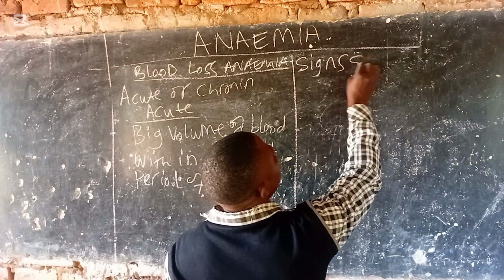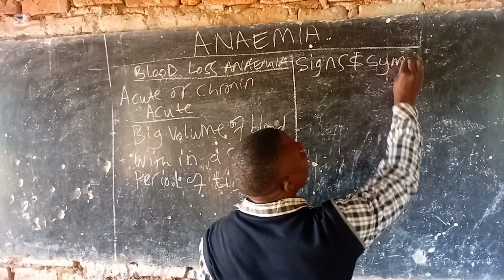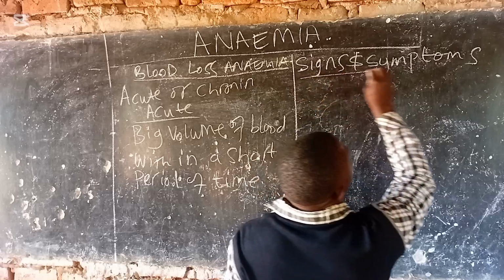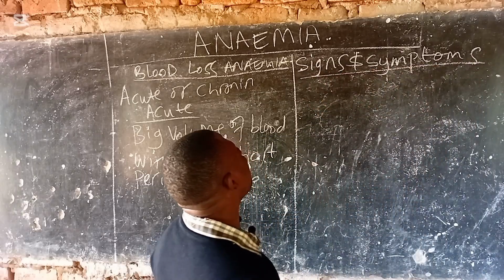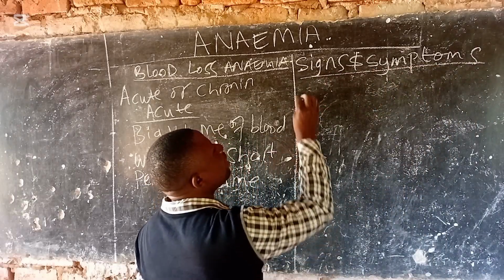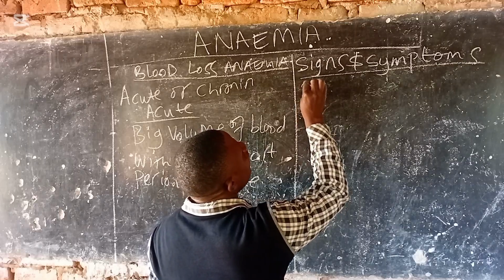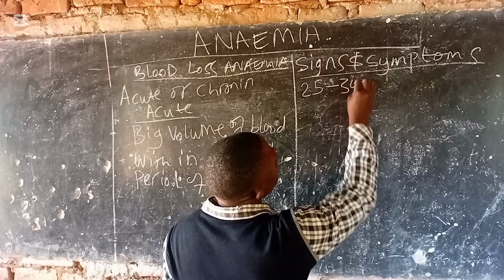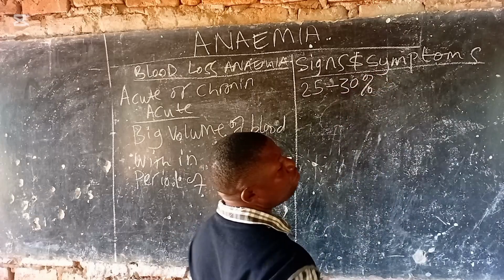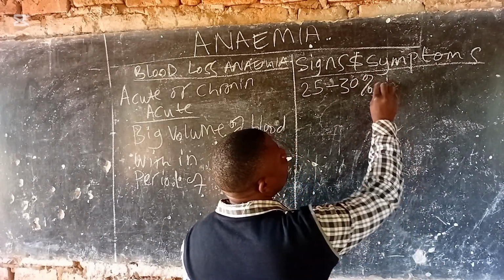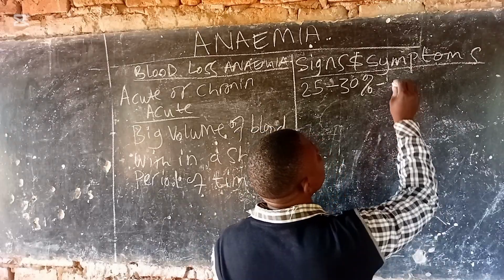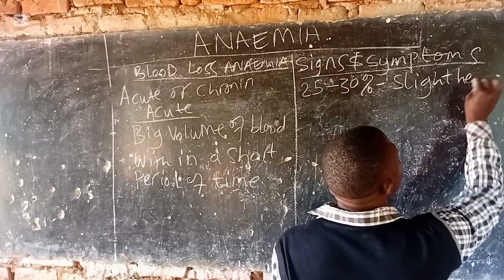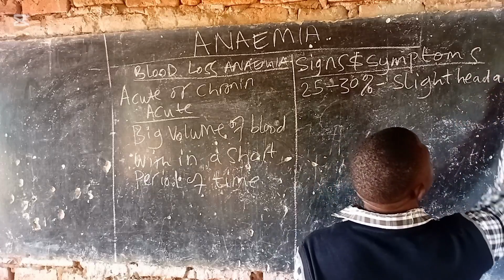The signs and symptoms of somebody who has acute anemia: if you have lost 25 to 30% of your blood, usually you'll have a slight headache.